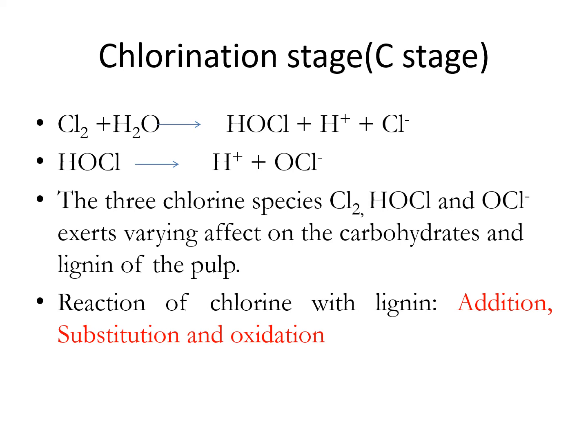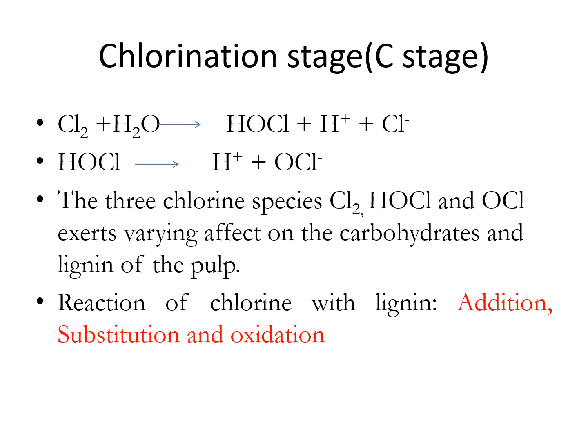Now, the three chlorine species, that is Cl2, HOCl and OCl minus, exert varying effects on the carbohydrates and lignin of the pulp. Cellulose is known to become rapidly degraded if the chlorine treatment is carried out at pH level between 4 to 7, whereas outside this pH range, the degradation is lessened.